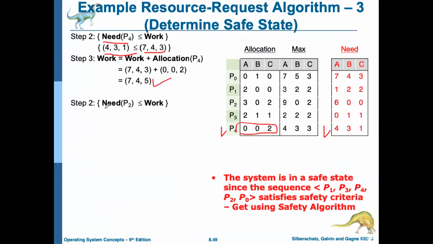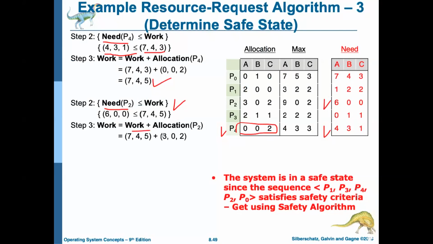Then go to step 2 again, which is for P2. Check the work: the current work is 745. P2's need is 600 right now. Is it true? Yes, so we allocate. We add 302 for P2, and the work becomes 1047.